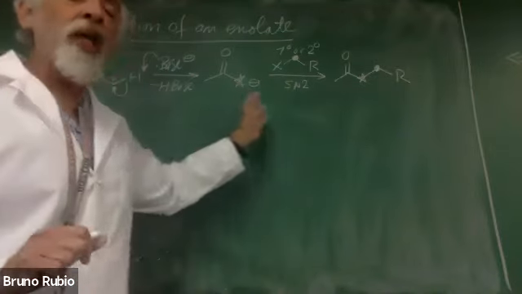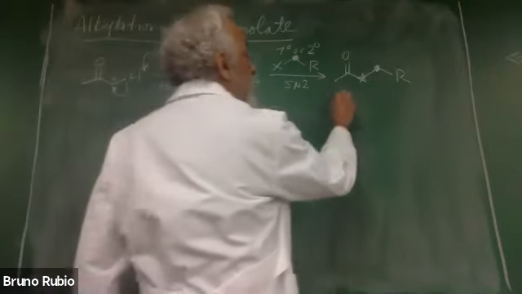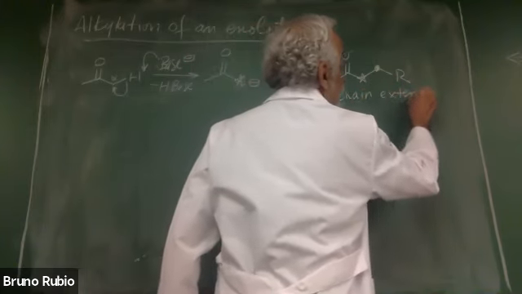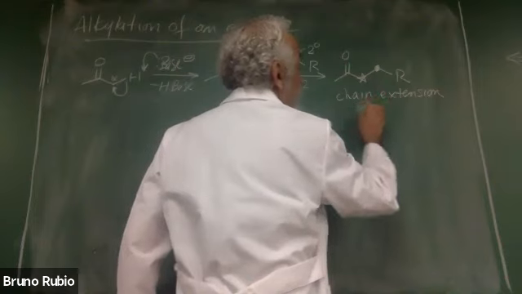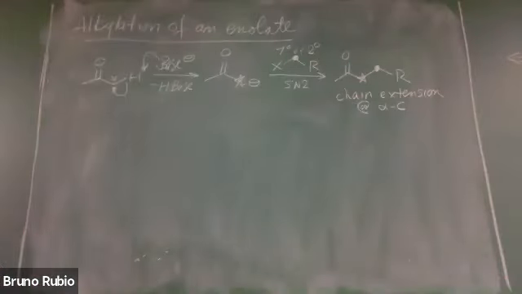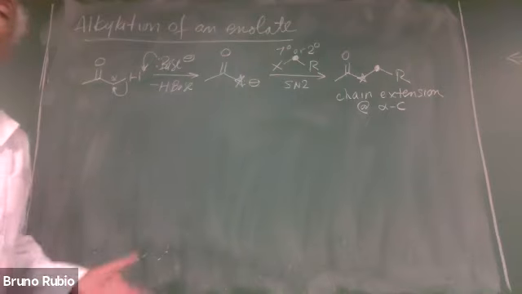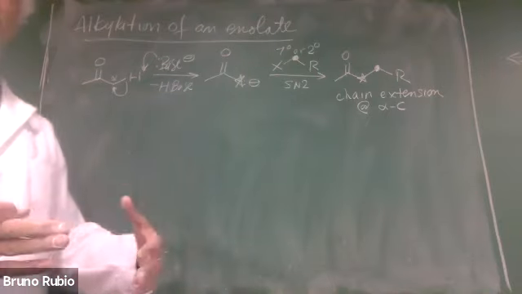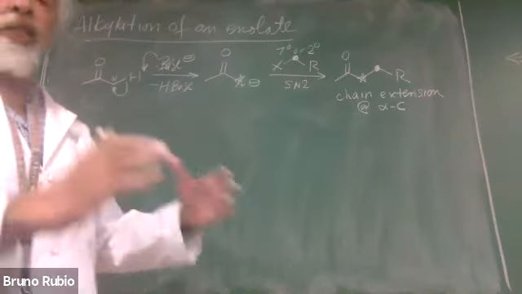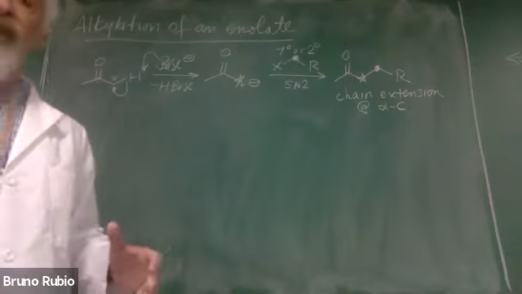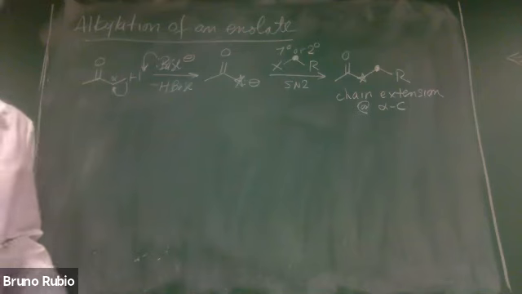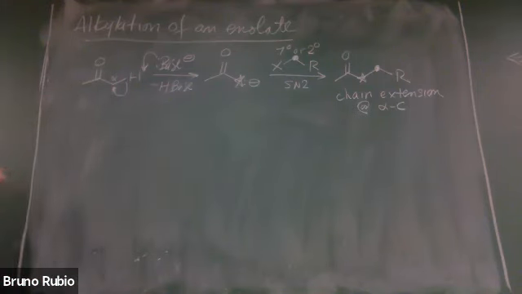And the overall effect here has been chain extension at the alpha carbon. So there's a new organic group there that wasn't there before on the alpha carbon. So the purpose of alkylation of an enolate is this chain extension at the alpha carbon. All right, so I kept everything very general here. Now let's do a specific reaction.